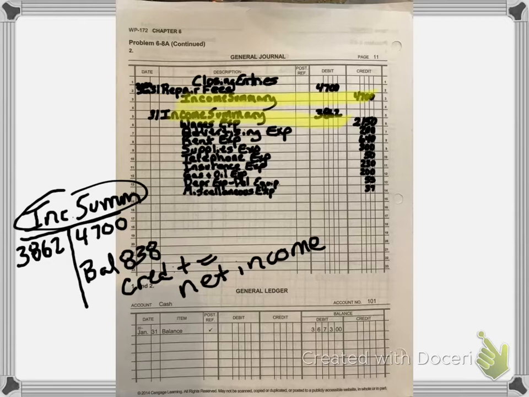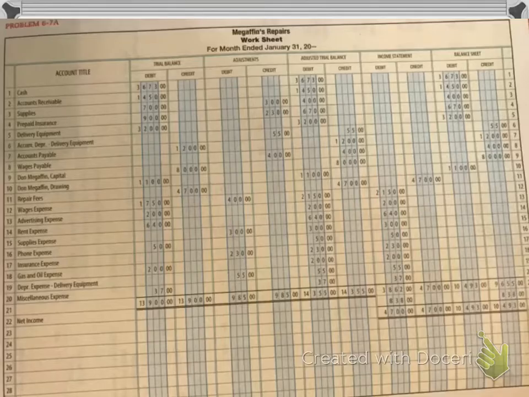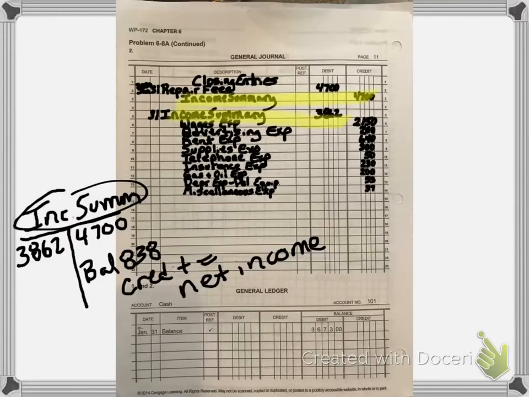Can we double check this information? Absolutely. Go back to your worksheet. What did we calculate net income to be on this worksheet? $838. So yes, when you get to this point of closing the income summary account, the balance in that account at this point should match the net income or net loss on the worksheet.